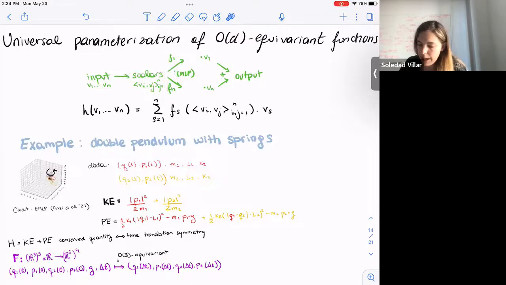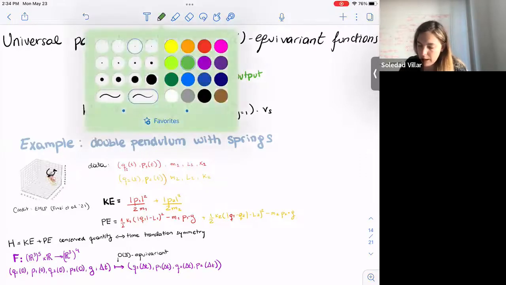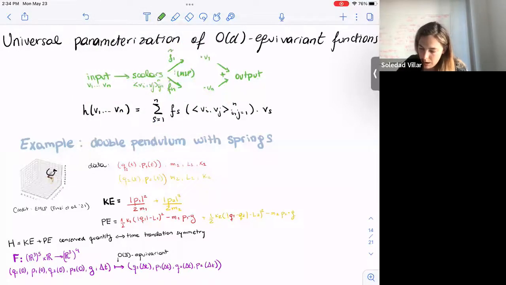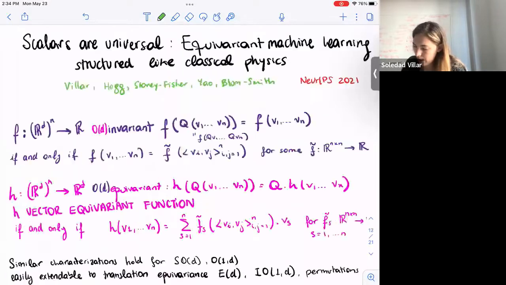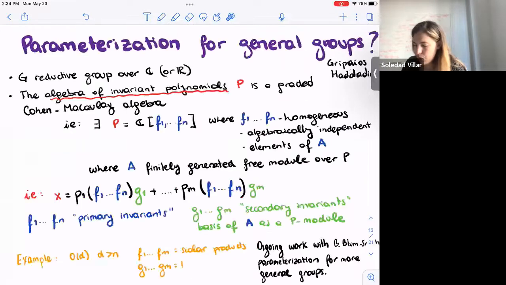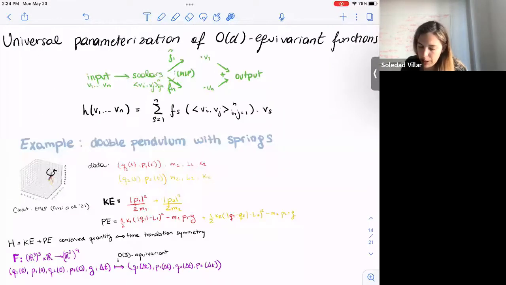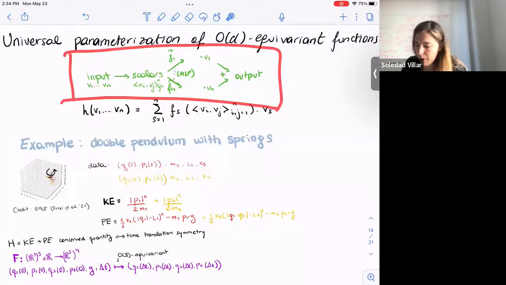I called them f tilde in the formulation that I had here, these ones. And then just do a linear combination of that and obtain my output. So this is basically the entire approach.